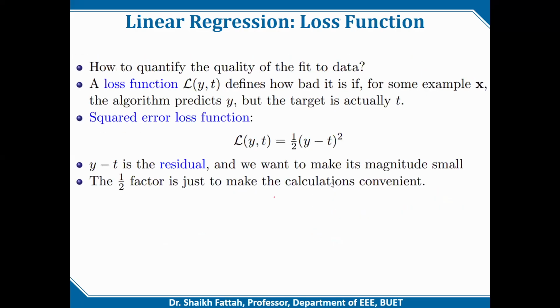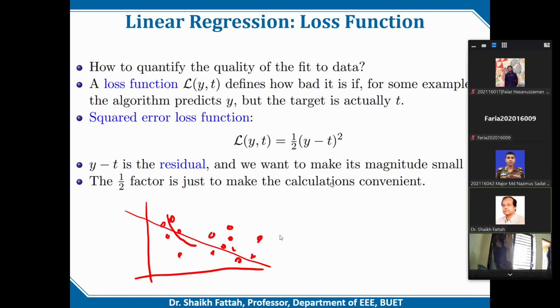Who said that it will always be like this? What happens if your data is like this? You see, the data are here like this. So what will happen? Yeah, one possibility you can say my data is like this, but that's not the only case. Some people may say your data is like this. So linear regression, a linear line, is not always the best line.